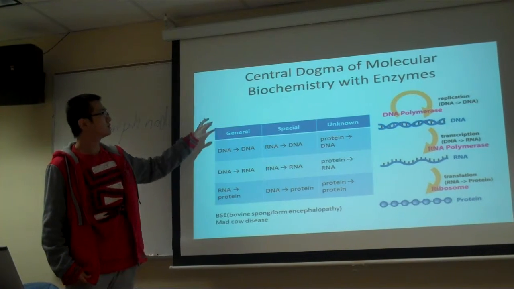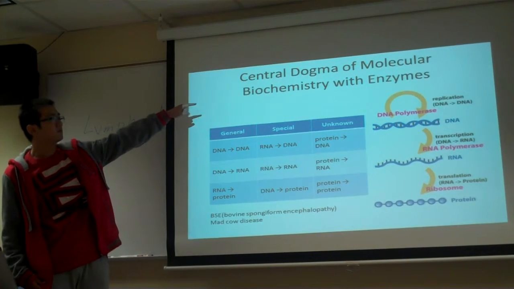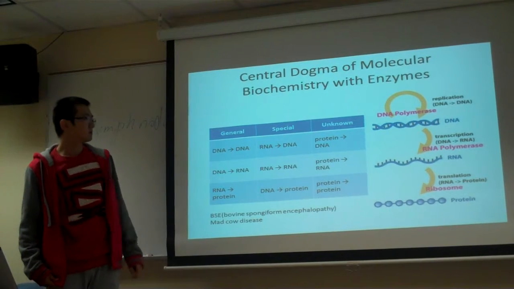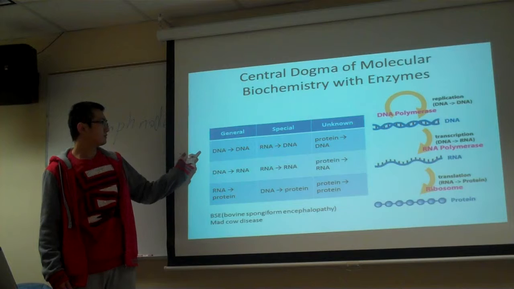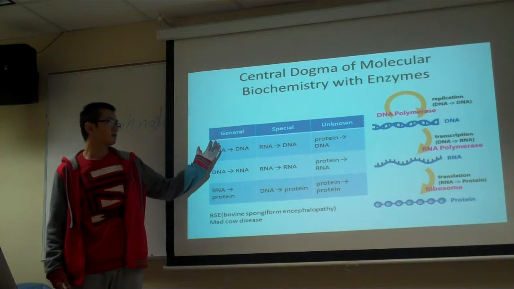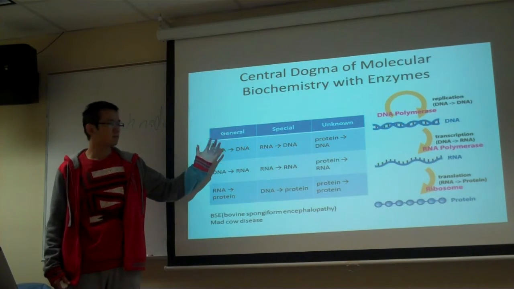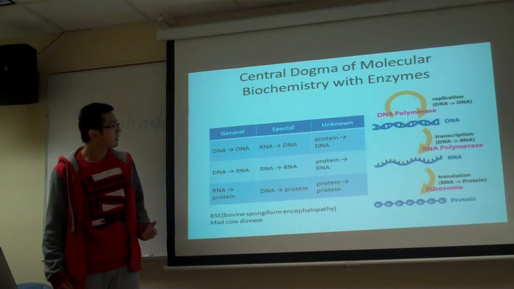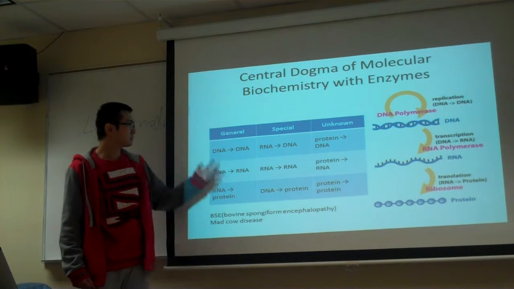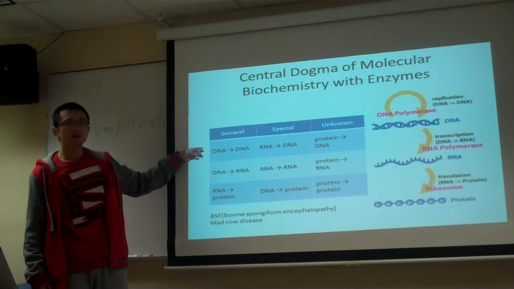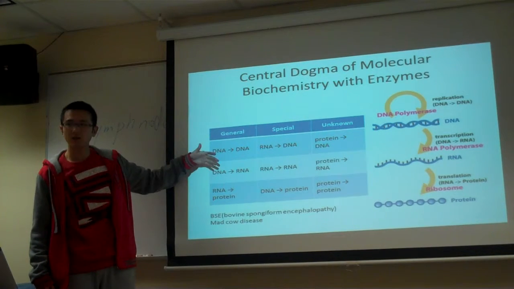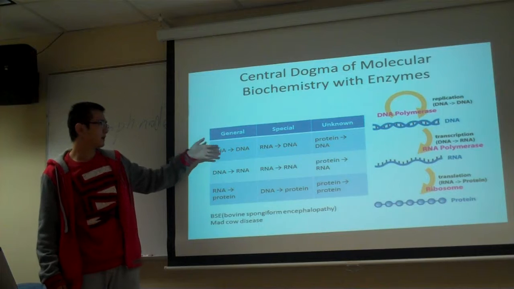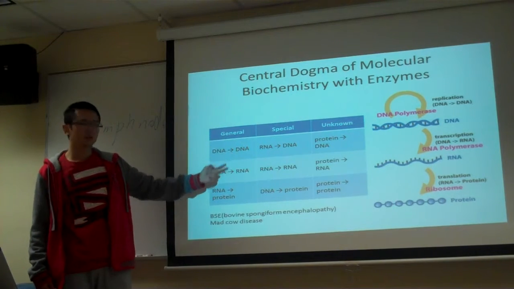To illustrate the process, I need to introduce the central dogma of molecular biochemistry with enzymes. There are three paths. The general path is that DNA can replicate itself, DNA to DNA.